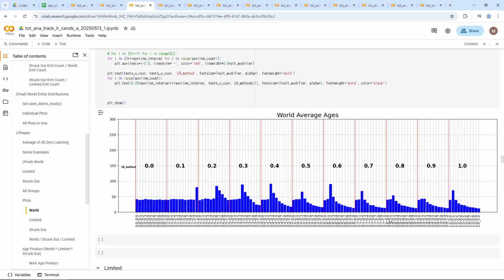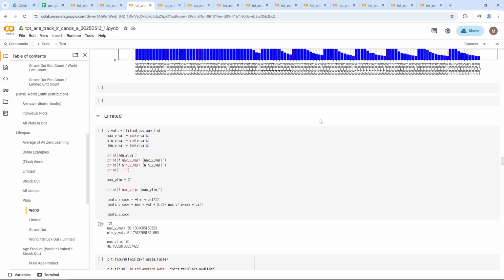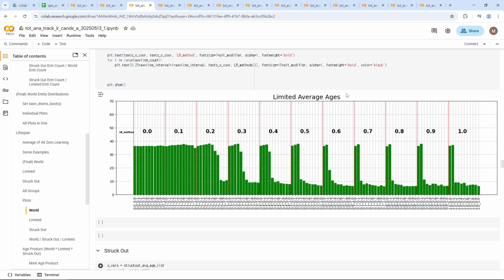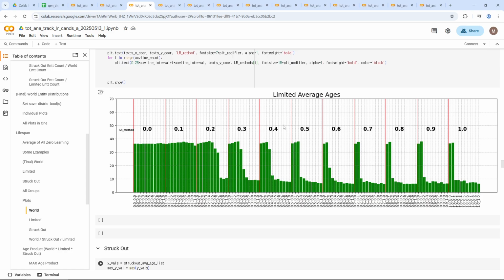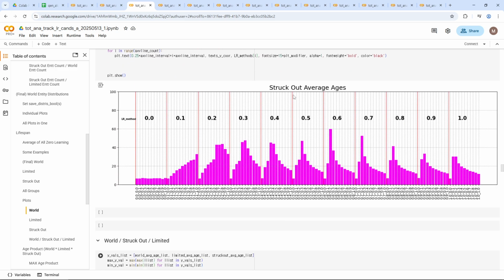Everything is just here, all the way below 100. I don't know if that's a good thing or a bad thing. I don't know. Limited average ages, the average lifespans for the limited entities, again, same, but that's because I'm getting more and more struck out entities.